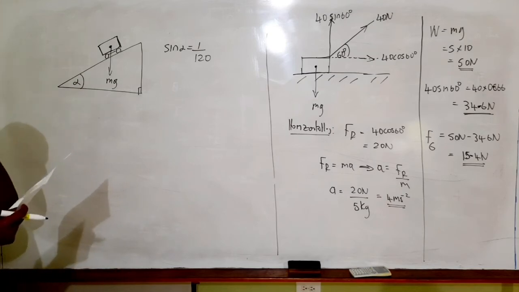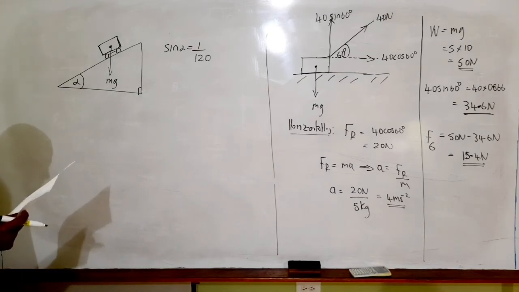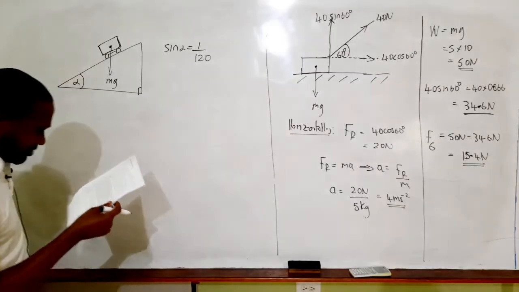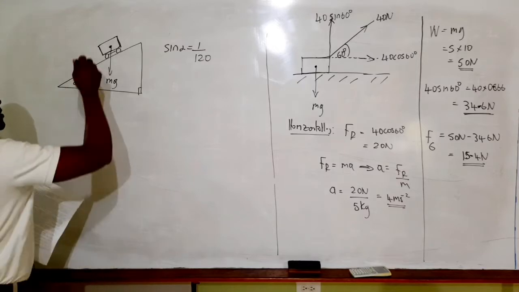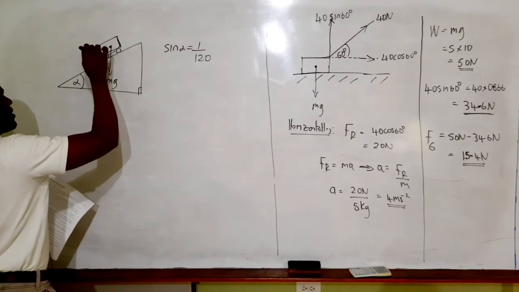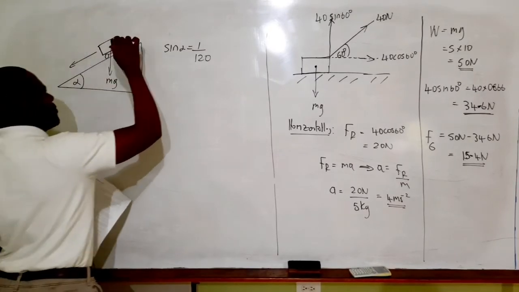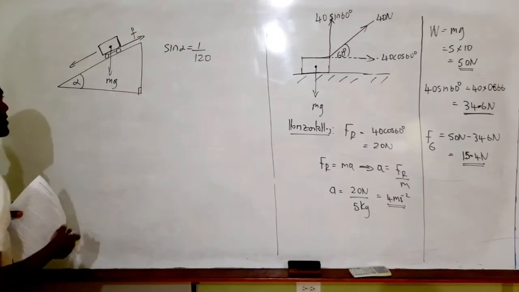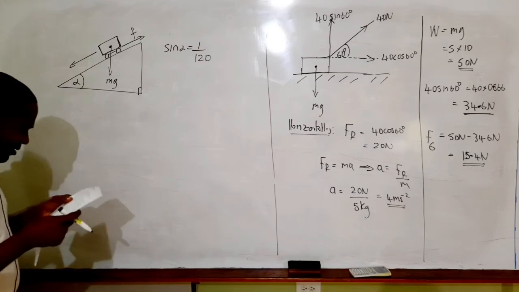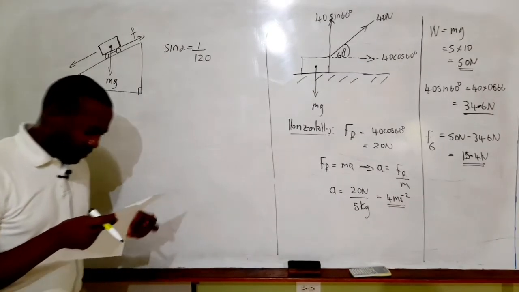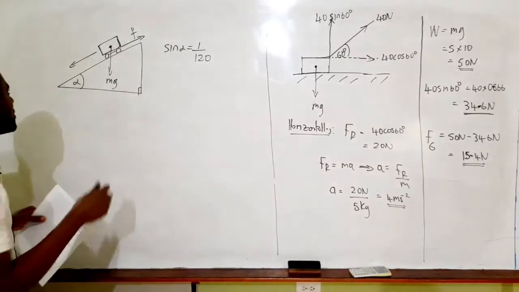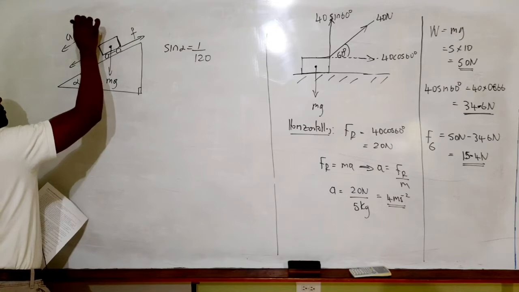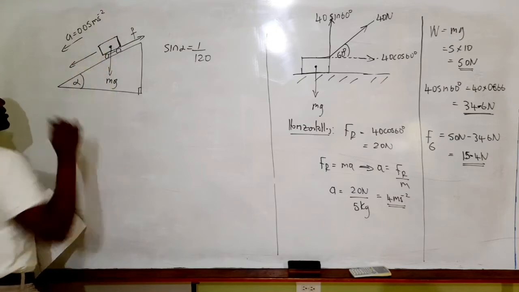We're also told that there's a frictional force acting on the truck, or resistance of motion. So if the truck is moving in this direction, in which it is accelerating, then the friction will be in the opposite direction. So let's call it the friction F, right? Now we're told that the railway truck is accelerating at a rate of 0.05 meters per second squared down a track. So this is the acceleration, a equals 0.05 meters per second squared.